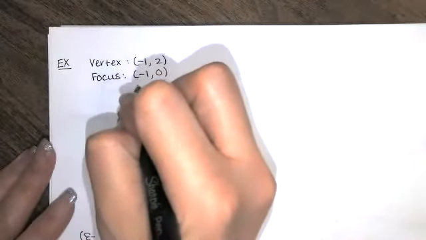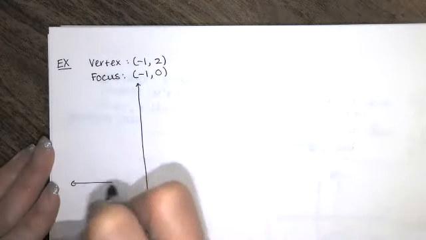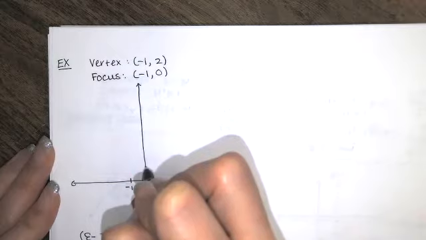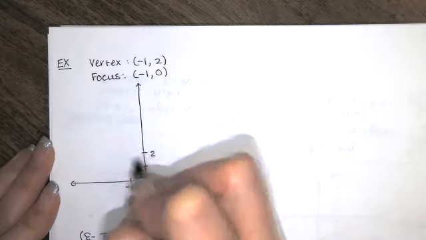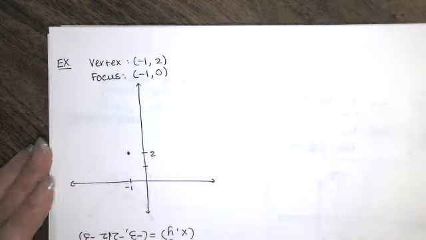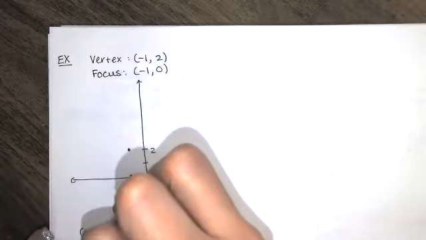So first I will sketch it. X equals -1, y equals 2. That's the vertex. And the focus, remember that's always inside the parabola, is right here at -1, 0.